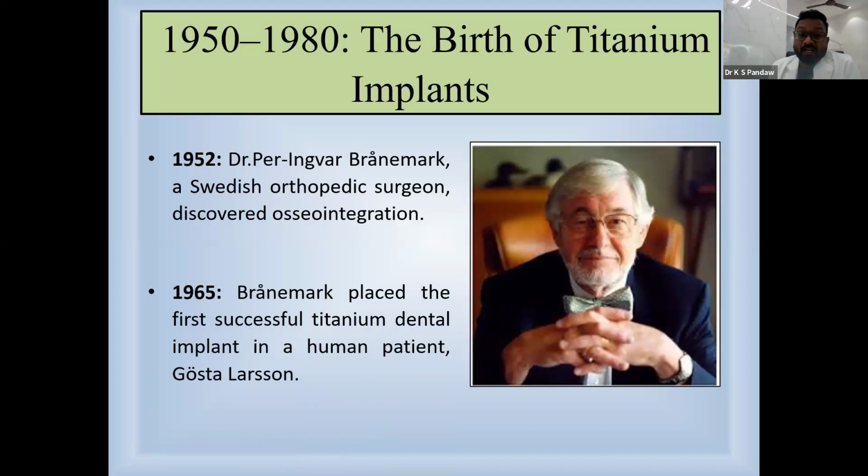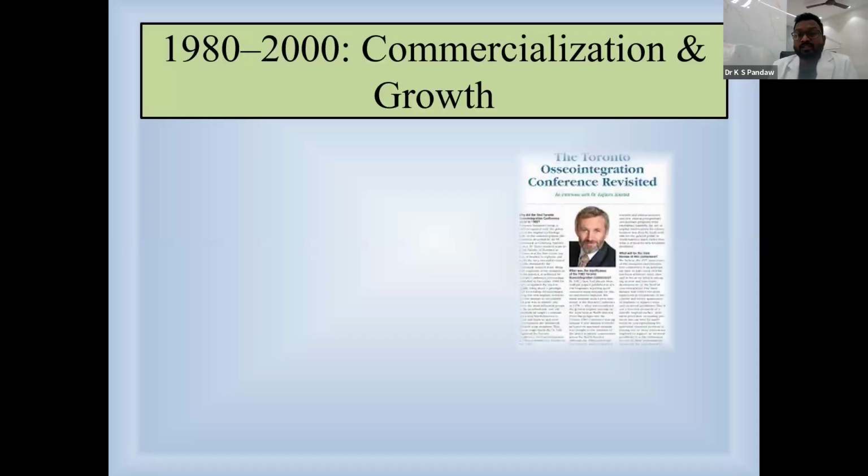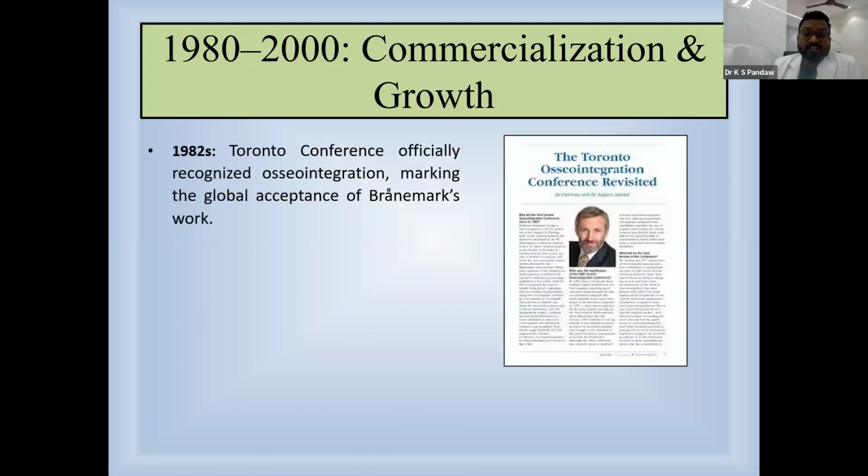He called this phenomenon osseointegration. In 1965, Brånemark placed the first successful titanium dental implant in a human patient, but it took a very long time to commercialize it. In 1982, the Toronto Conference officially recognized osseointegration, marking global acceptance of Brånemark's work.